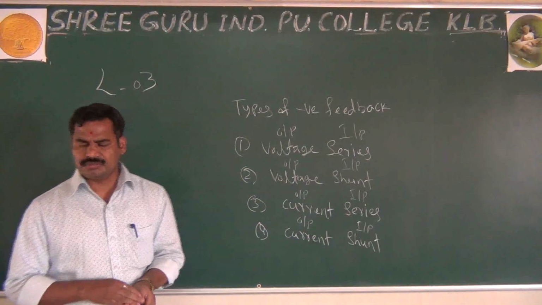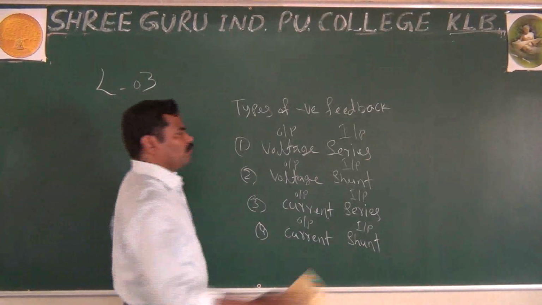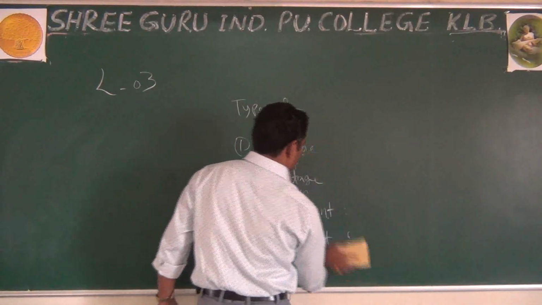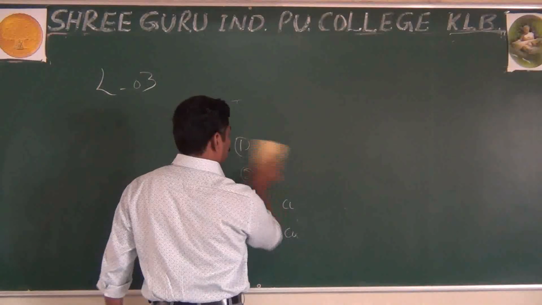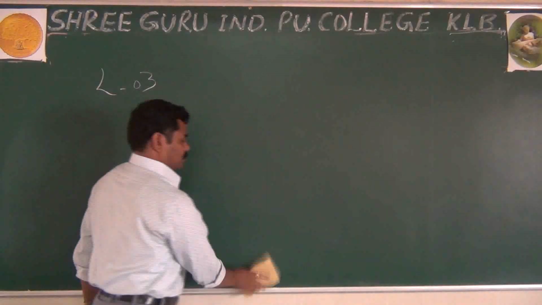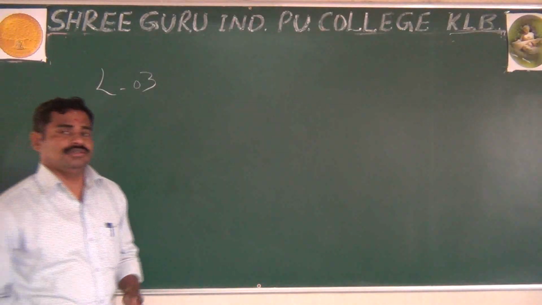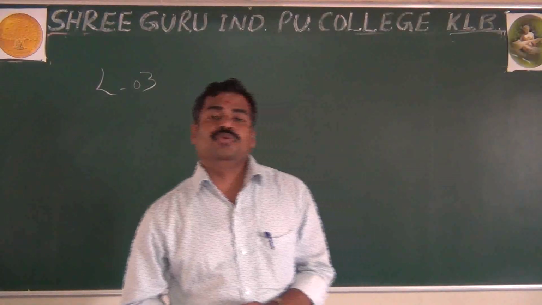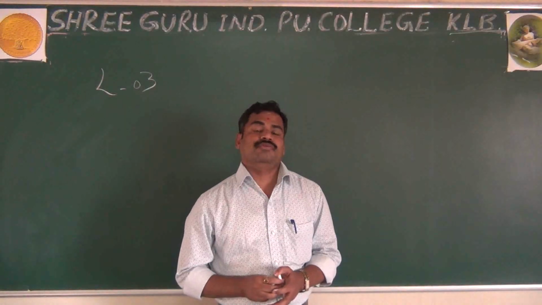Now we will go for the comparison of characteristics of all the four feedback amplifiers. And also I said in broad we can classify the four types of feedback amplifiers.